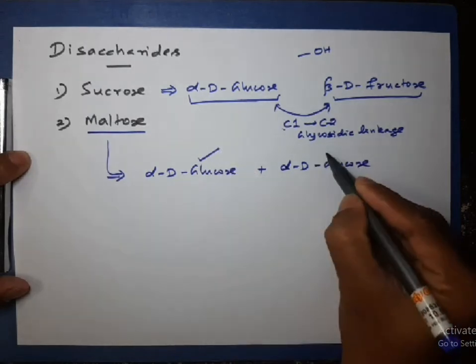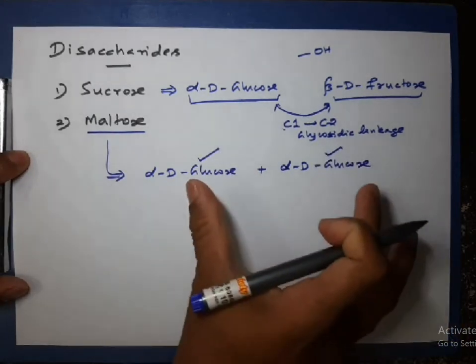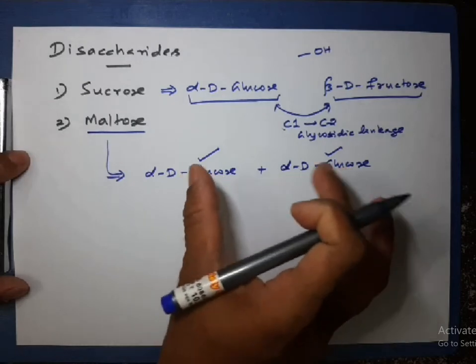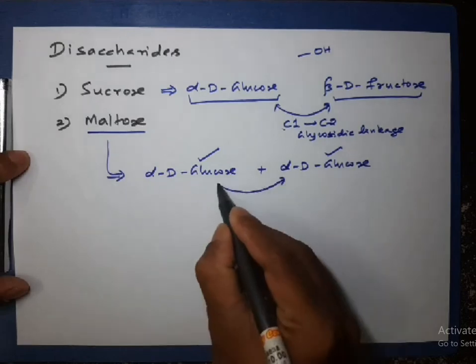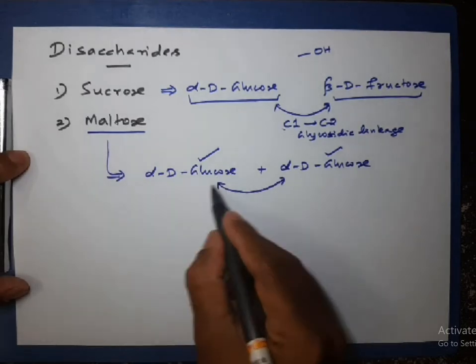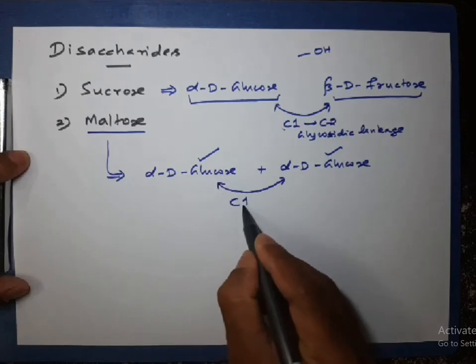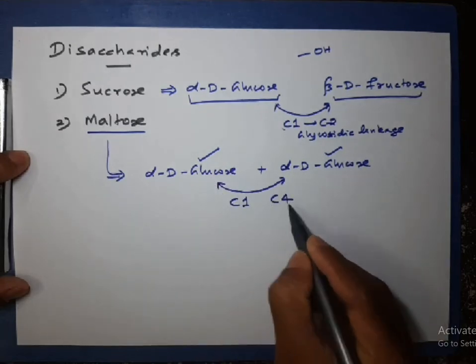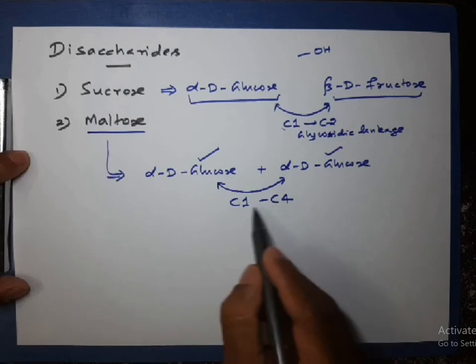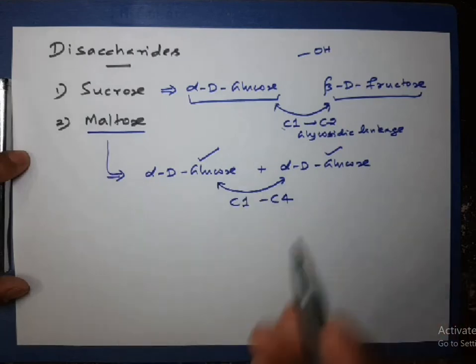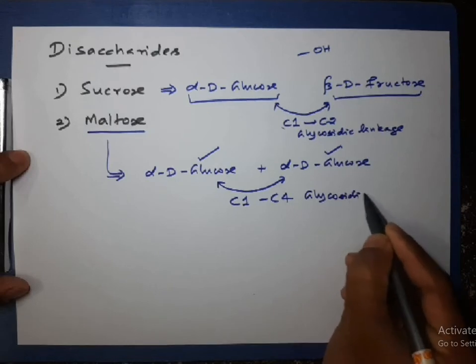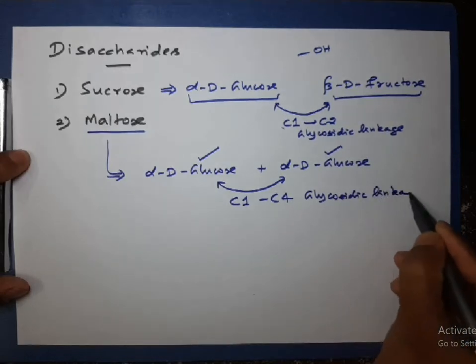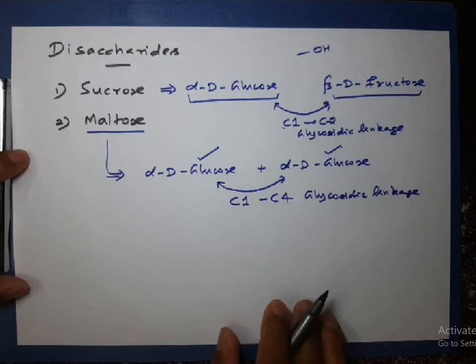So two alpha D glucose units are connected through glycosidic linkage, in one glucose it is the C1 carbon, in the other glucose it is the C4 carbon. So a C1 C4 glycosidic linkage exists in the case of maltose.